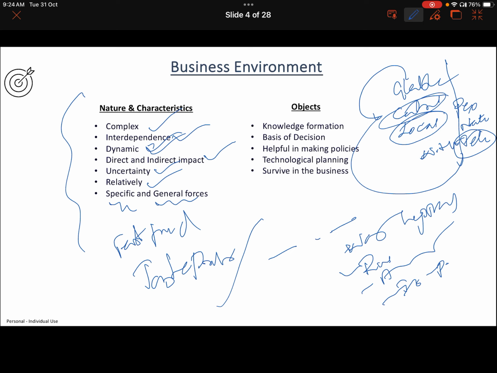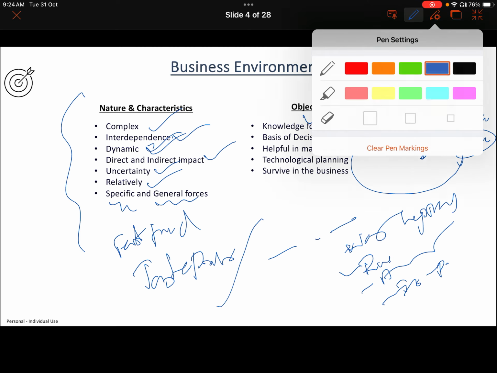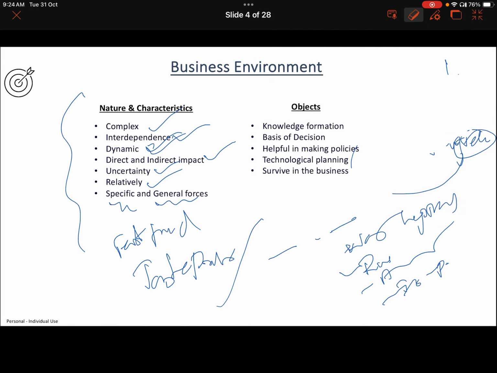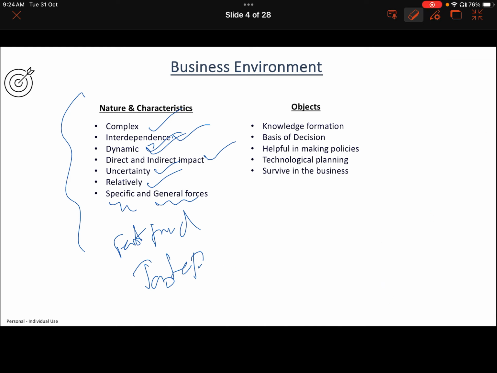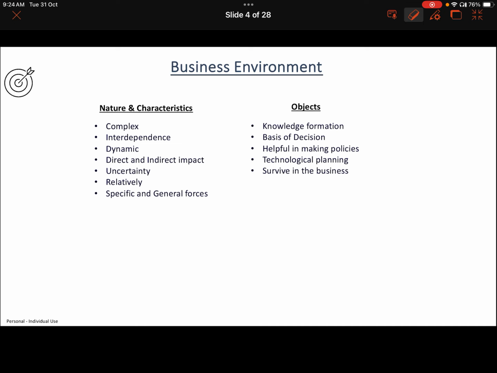Moving on, what are the objectives of business environment study? It is knowledge formation. As we saw the complexities associated with a business environment, we will be covering the entire globe, and every piece of information will be studied before taking any decisions.